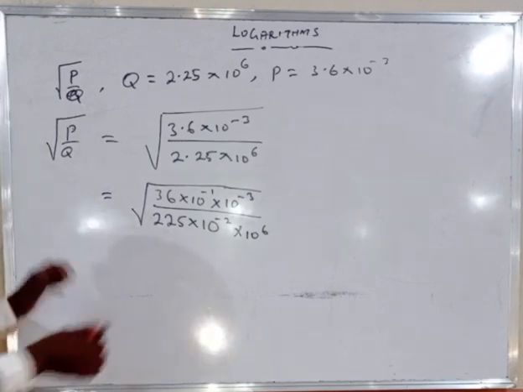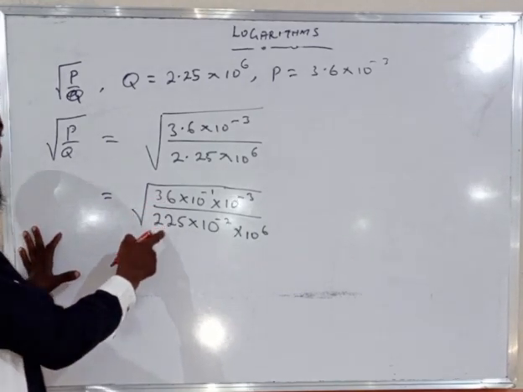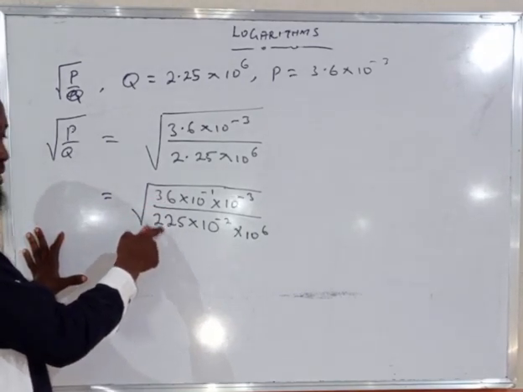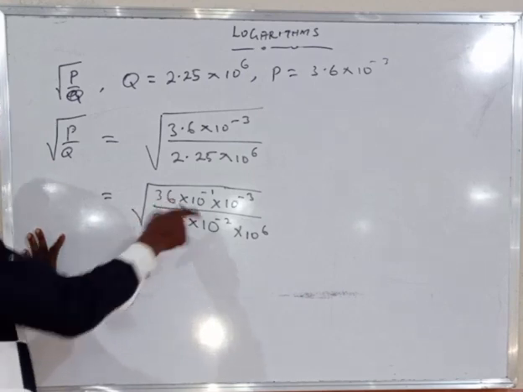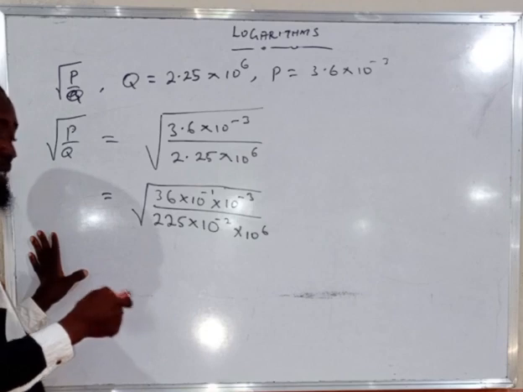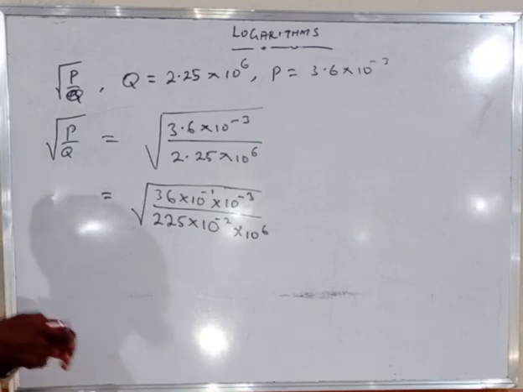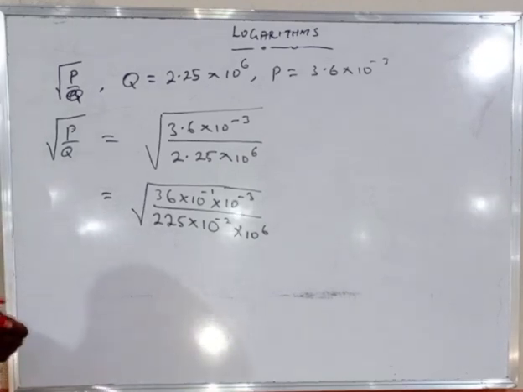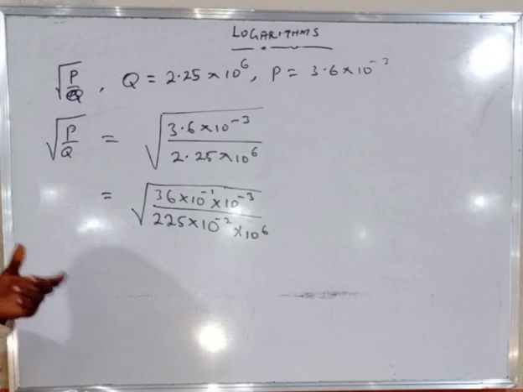Abi? Now, between this and this, no law of indices can take place because the law of indices in this situation works perfectly when bases are the same. And in that situation, times changes to plus and division changes to what? To minus.